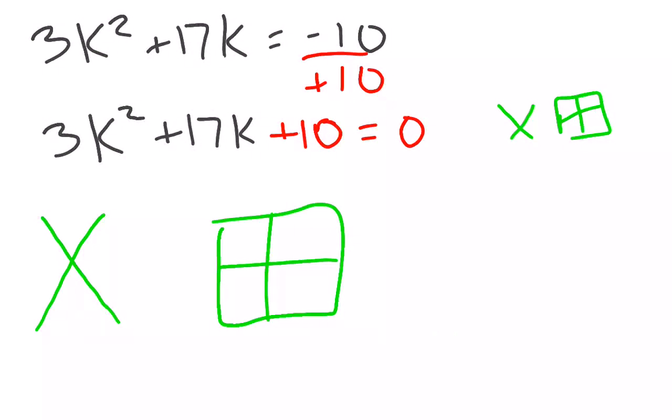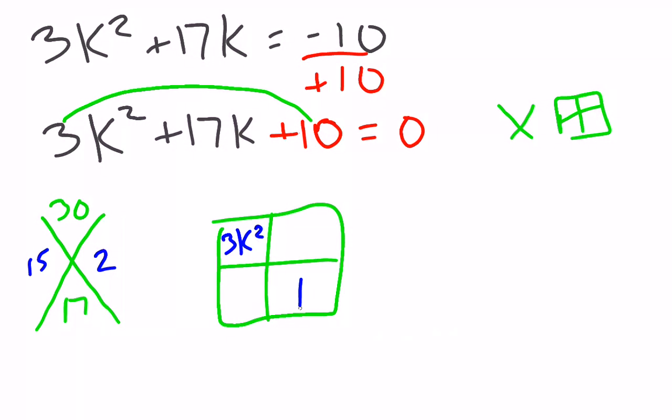So to do the X box, I need to multiply 3 times 10, 30, and put the 17 at the bottom. So it multiplies to 30 and adds to 17. 15 and 2, and then we need to fill in our box. 3k squared goes first, 10 goes last, and then these other ones go on the diagonal.